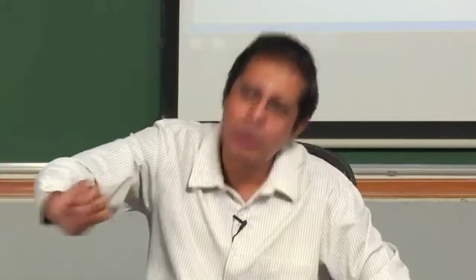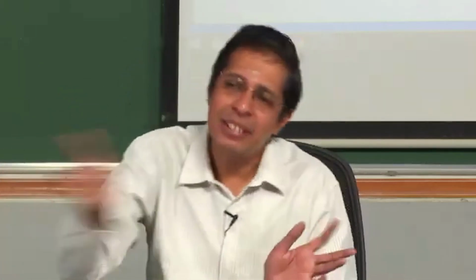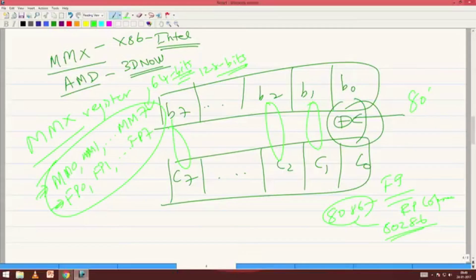Just because floating point was good, the technology was not matured enough to immediately include it in your instruction set architecture. So they made a careful decision and put it on a separate coprocessor. If that fails, only that coprocessor will fail, not the main system. Then they stabilized it over a period of time, and today, post 8386, the systems have both floating point and integer arithmetic in the same processor.